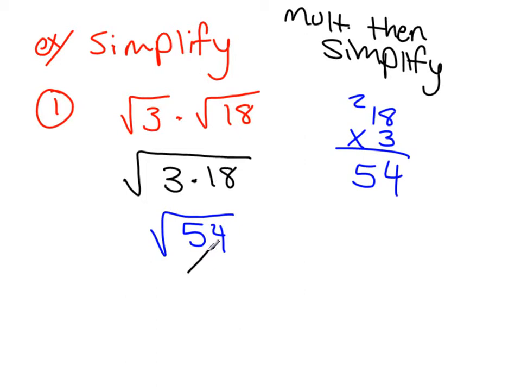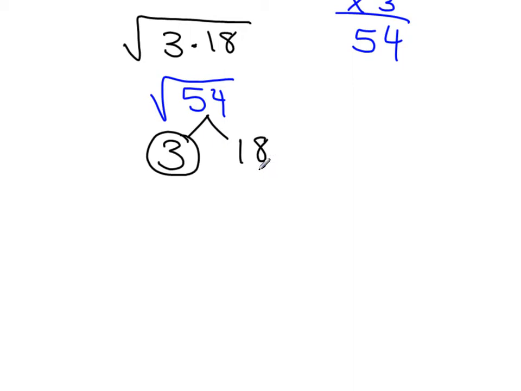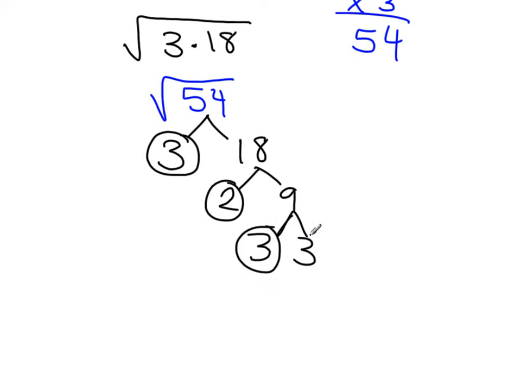And when you simplify, you're just going to break it back down into two things that multiply together. How about 3 and 18? So this was a wasted effort. I could have just broken it down from 3 times 18. 3 is prime. 18 we're going to break down even further. We got 2 and 9. 9 breaks down to 3 and 3. Now, if there are buddies, they get to leave the radical because it's following the rule. If we have the square root of something squared, we're just left with that something.